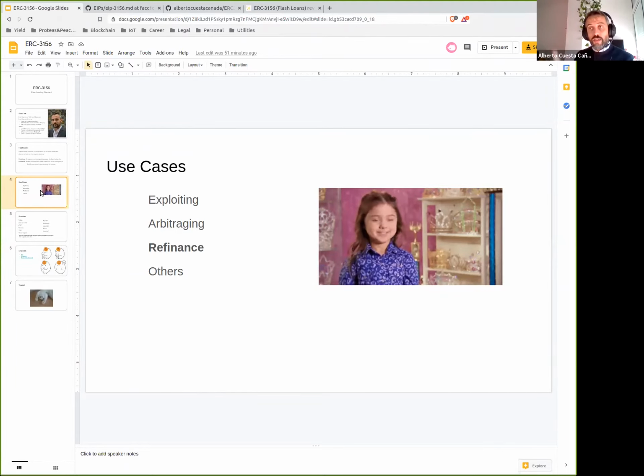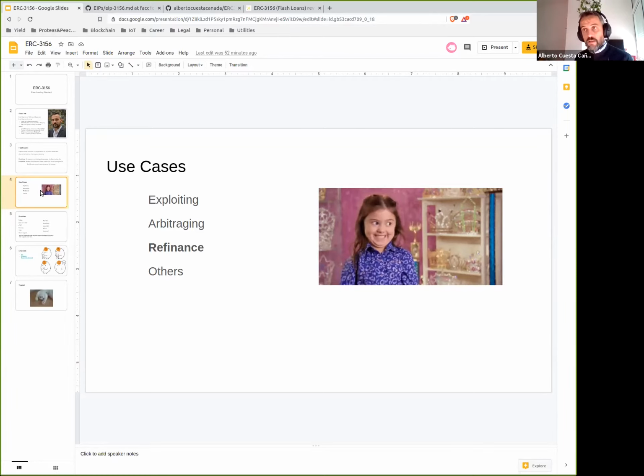With a flash loan, you can actually move positions very easily between platforms. You can see that in DeFi Saver. I've personally coded privately, they're not public yet, a couple of similar solutions for yield. And I can tell you that it's a very powerful thing.